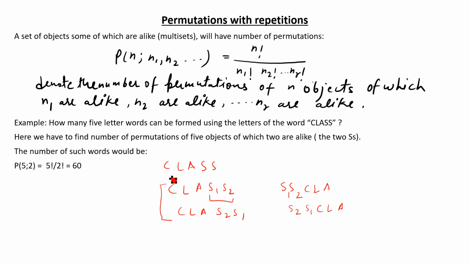But in the English letters we have only S, we don't have any S1, S2. So that's why we are dividing it by 2 factorial, the permutations of available S here. So that's why it is 5 factorial by 2 factorial, which is equivalent to 60.